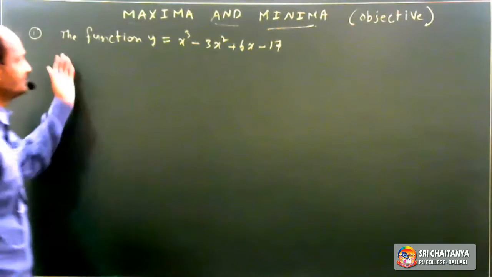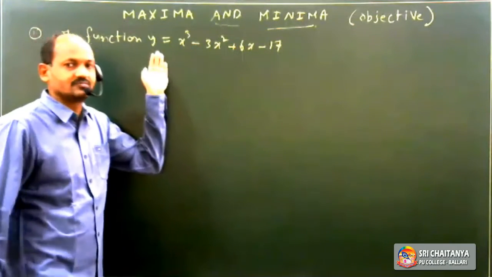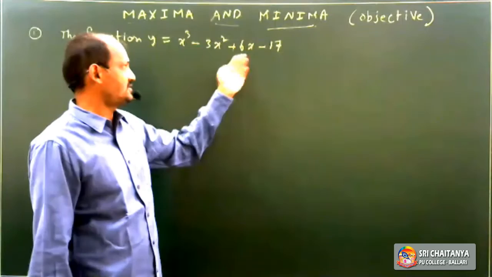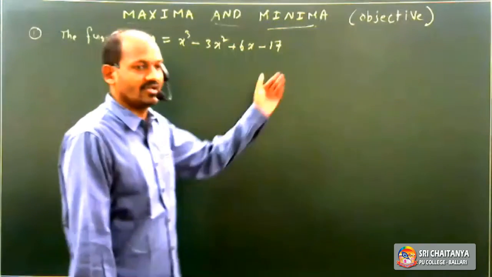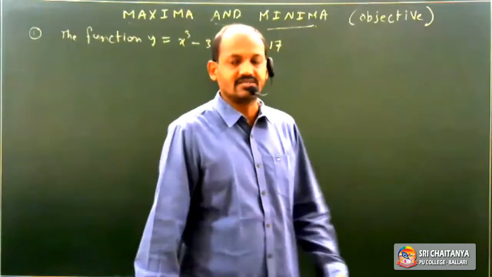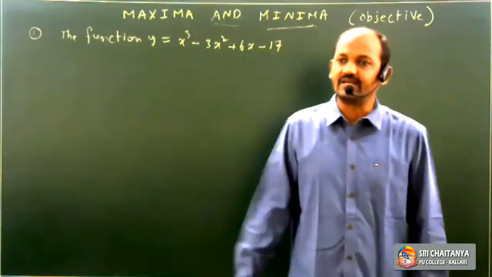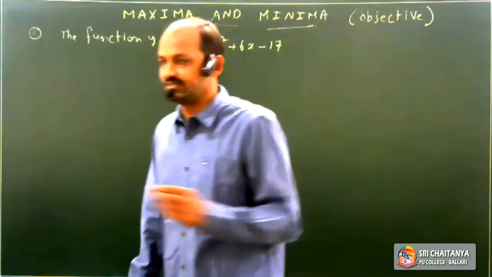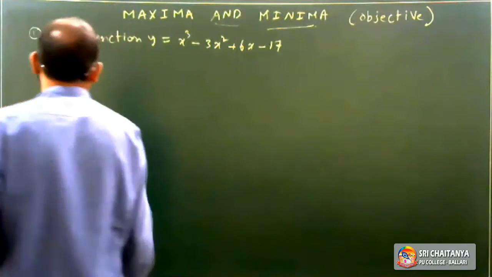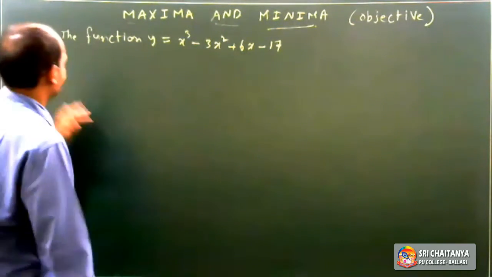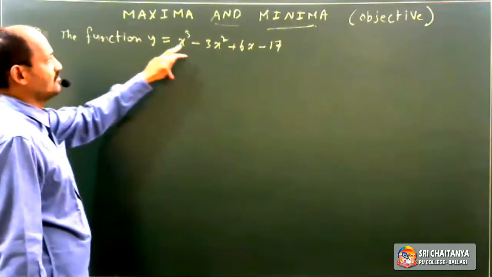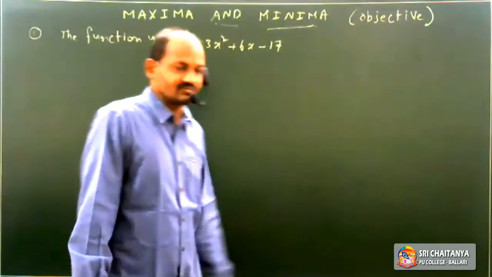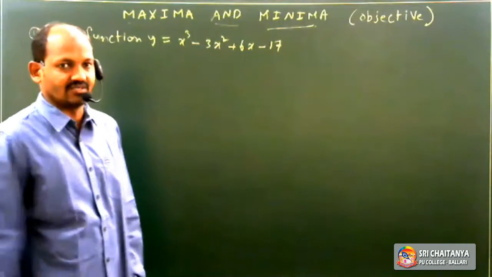The function y is equal to x cube minus 3x square plus 6x minus 17 is: increasing everywhere, decreasing everywhere, increasing in some intervals, or decreasing in some intervals. Okay? No need for the options. The function y is equal to x cube minus 3x square plus 6x minus 17.